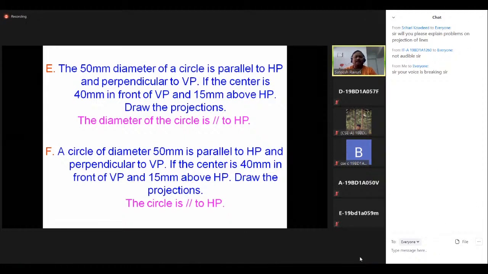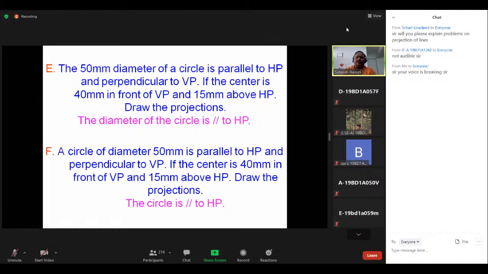Similarly, if you apply perpendicular relation to a plane, as planes are two-dimensional, one dimension is going to be dissolved. So only one dimension will be seen. That is the reason for all the planes, in case they are perpendicular, we are able to get them as lines. So in case of parallel, we'll get the true shape.